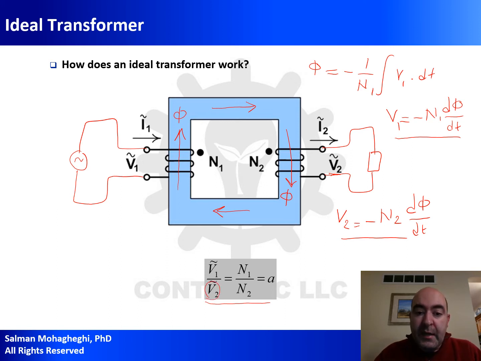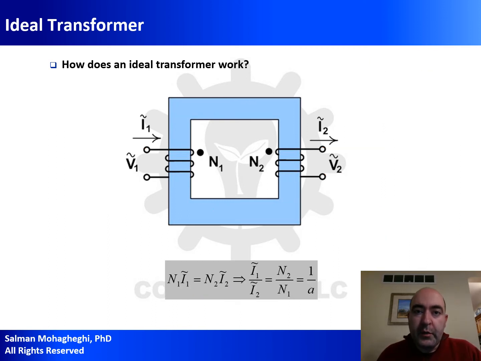The only way this happens is if I have N2 greater than N1. That means I would have to have more number of turns on the secondary compared to primary. Following the same logic, if I have a step-down transformer, that means I would need to have less number of turns on the secondary compared to the primary. So the number of turns directly indicates whether I would have higher voltages or lower voltages.